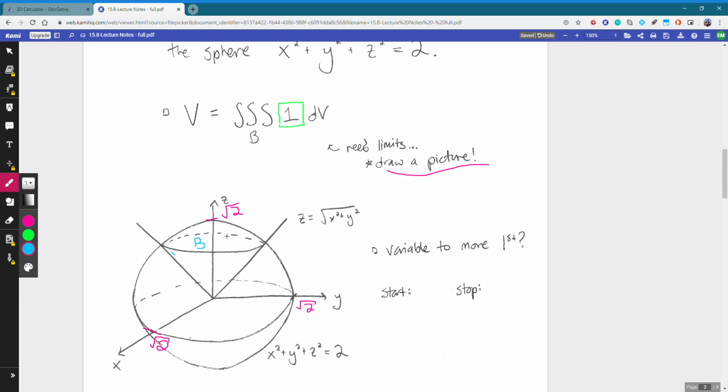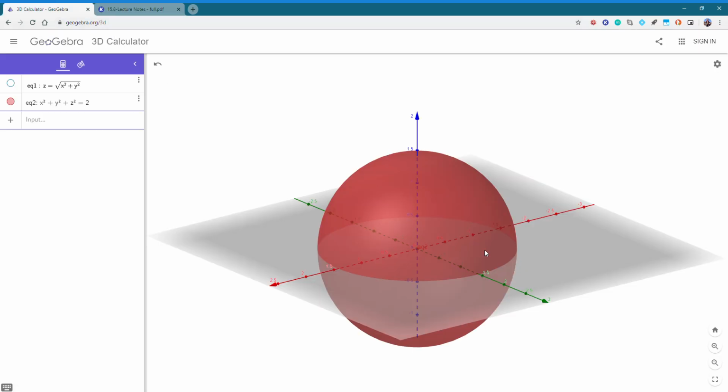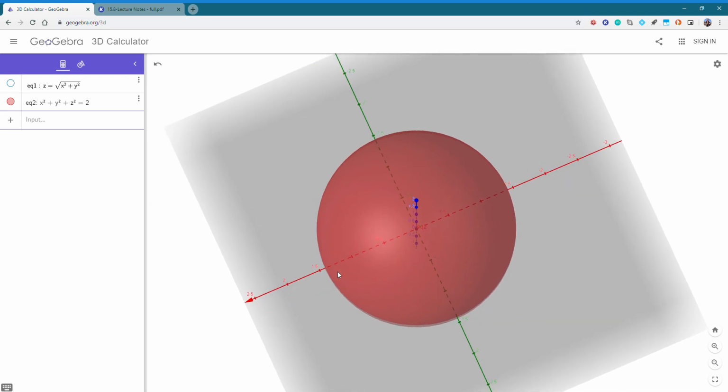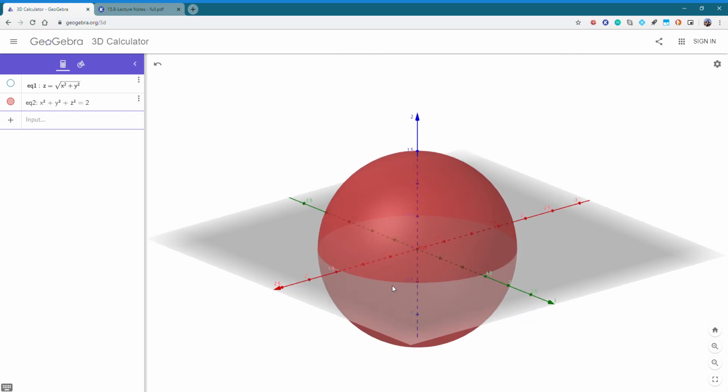Okay, and so maybe just real quick, let's get a GeoGebra visual on this, get a little bit more perspective. All right, here's our sphere. And notice it is indeed not going out to 2, it's going out to 1.4-ish, √2 for its radius.